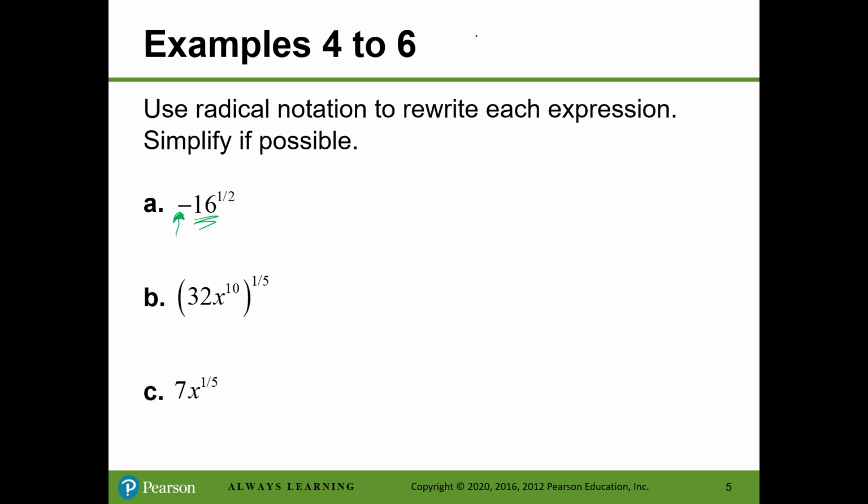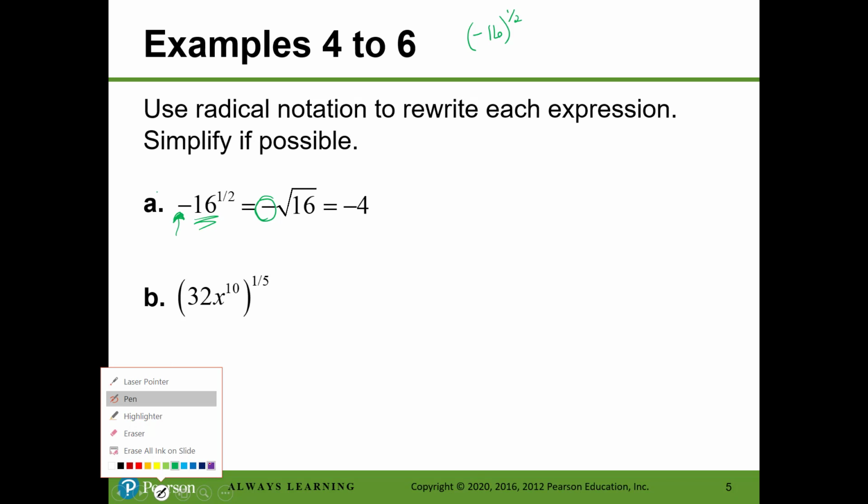If the negative and the 16 were supposed to be glued together, then they should have been in parentheses like this. They should have been stuck together with parentheses and then the 1/2 on the outside. Are you with me? But since there are no parentheses in letter A, that means the only thing going under the square root is the 16. And the negative is just hanging out front, waiting for something to do.